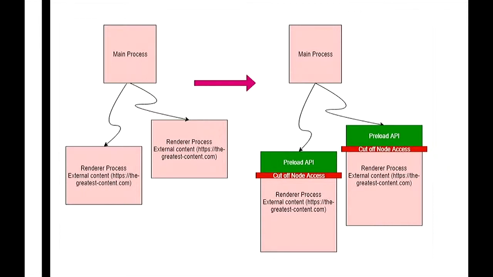They use Chromium's multi-process model to achieve that. So it runs in its own process. It's also got its own memory allocation, each renderer process, right? So when you load a browser window, that's what happens.